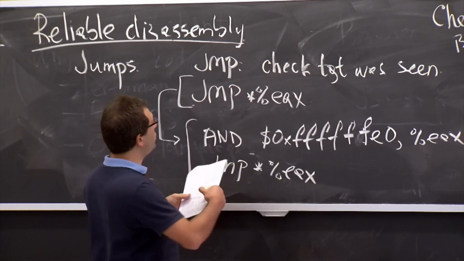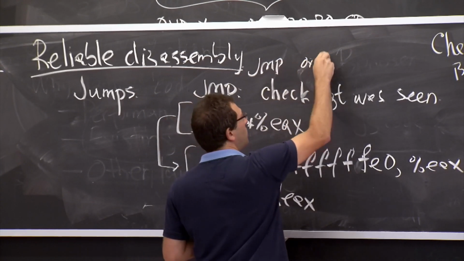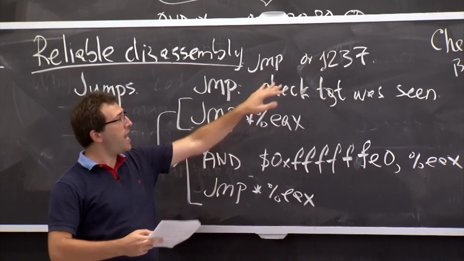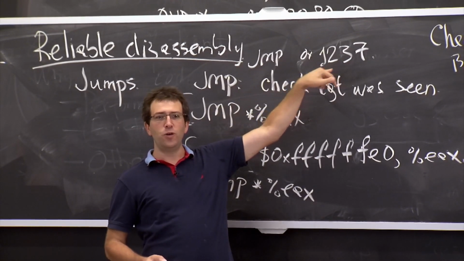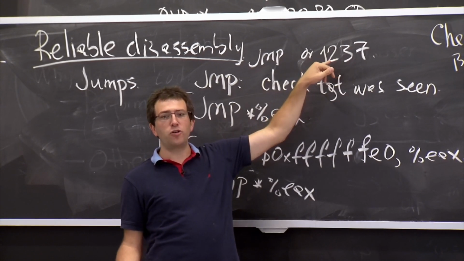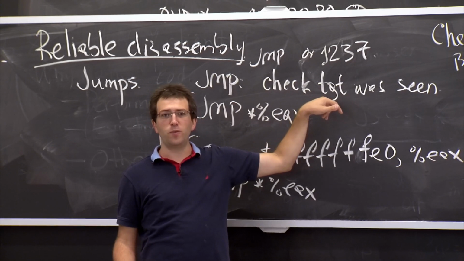So when I see a direct jump up here, maybe I jump to some address, I don't know, 1237. That's actually OK. Even though it's not a multiple of 32, Native Client in general does allow direct jumps to arbitrary addresses, as long as that address is an instruction that we saw during disassembly.